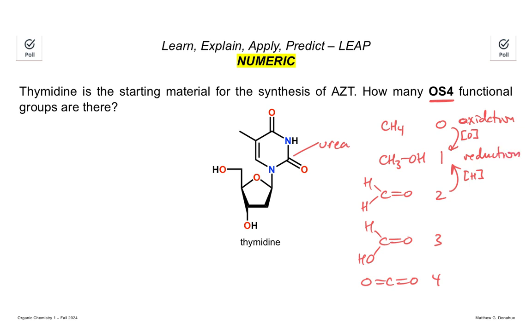Again, those are ways to help you manage all the different reagents that we're going to learn. Looking at the starting material to the product, was the carbon oxidized or reduced? If it stays the same, then it's not an oxidation or reduction.